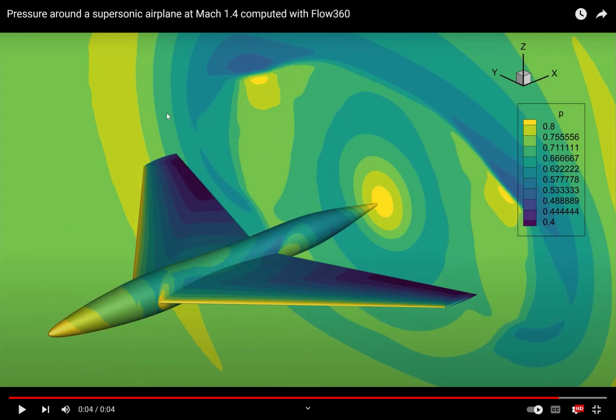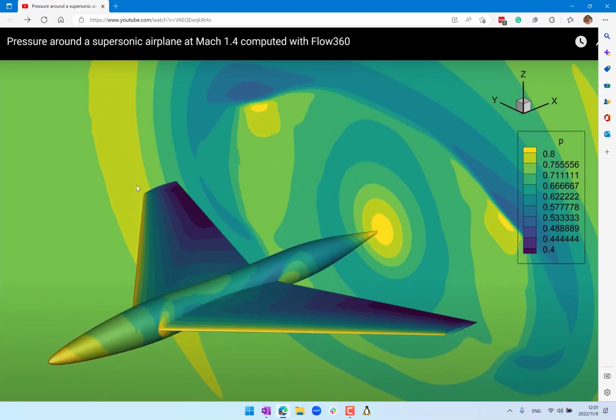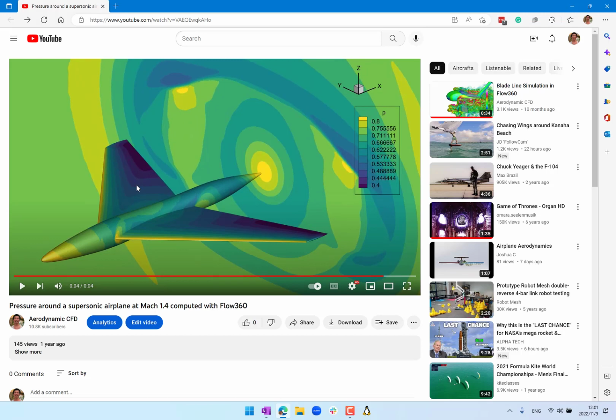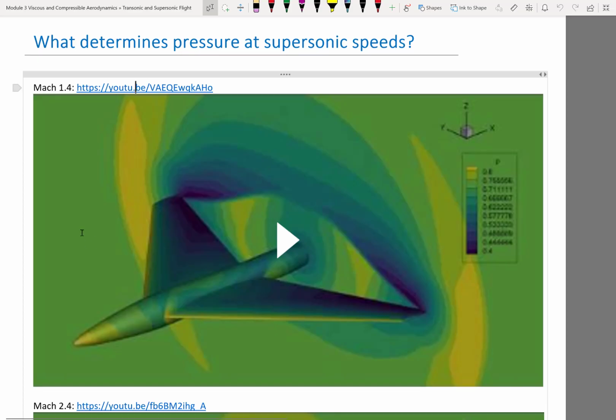The second bong is from here, when the flow converges back on the tail, that creates another wave that comes out. Yes? Questions? No? Okay.